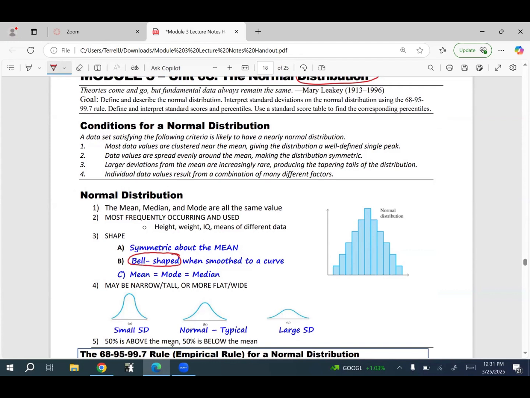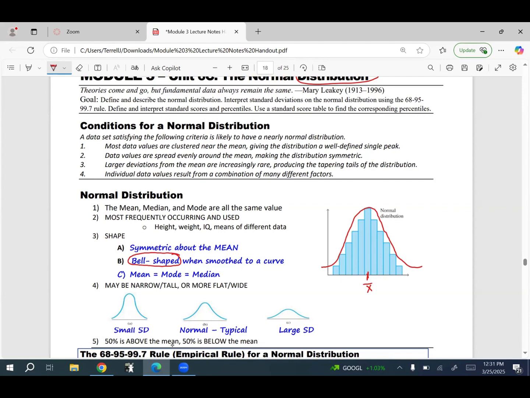If you look to the right at this image, it's called bell-shaped because the curve created by this looks sort of like a bell. So we call this normal or bell-shaped. Also notice that the mean is in the center. Remember, X bar represents the mean.